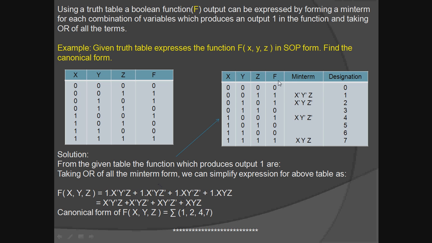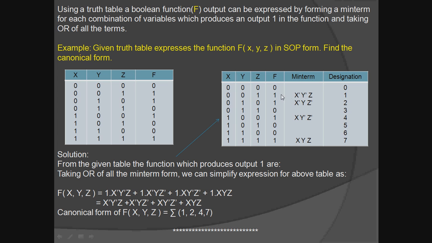So in the first case, wherever the function produces the value 1, we find the min term of that. So here where there is 0, the variable gets complemented.